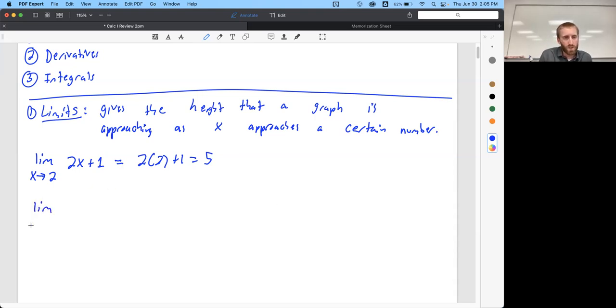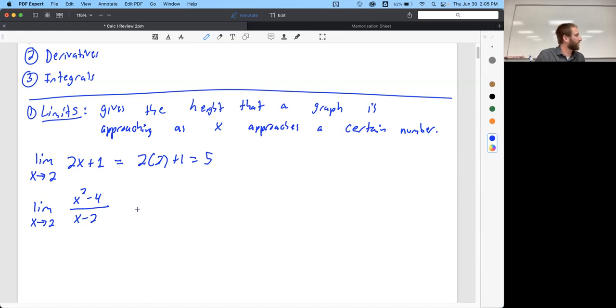If there are some problems with our function, like for instance this example here, then the limit might equal a value that is not even defined on our original function. In this one, if I just plugged in 2, then the denominator equals 0. And that's a problem. We don't like that.